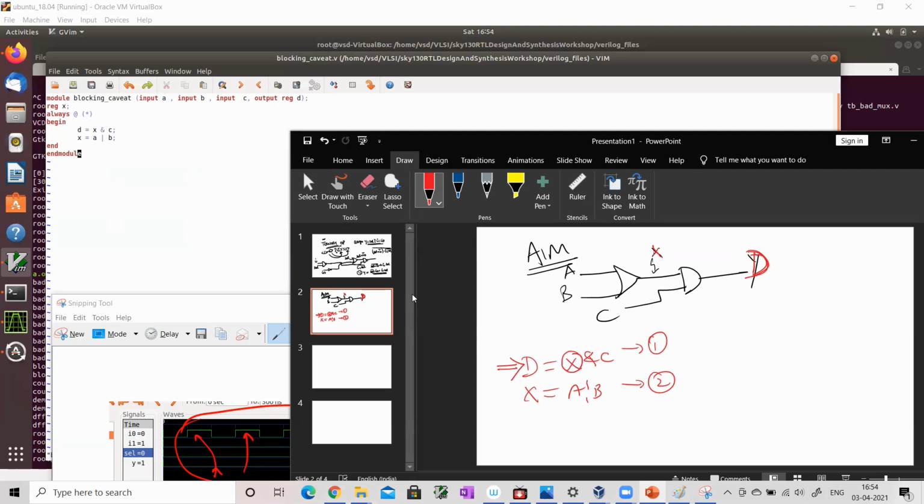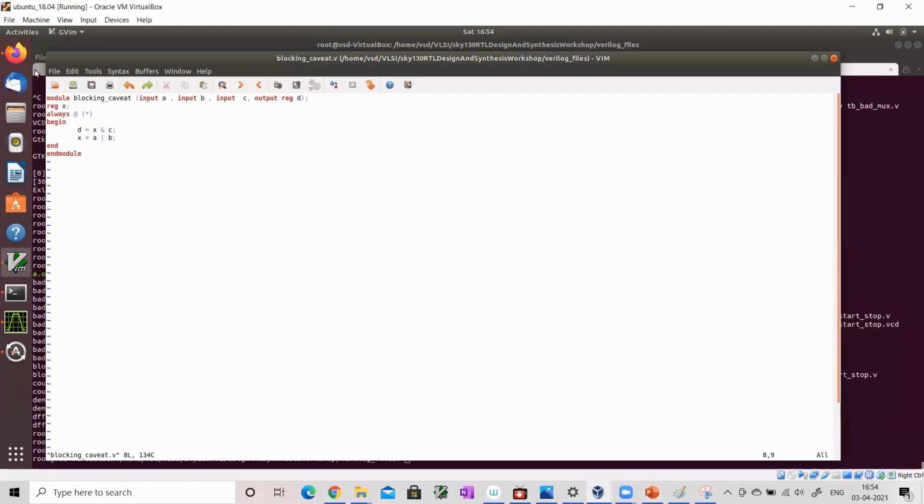So this will look as if X is a flopped output, because then only X will have the previous value, correct? As if X is a flopped output in simulation. Let us see what is happening. This is going to be a very, very important point here. Let's see.